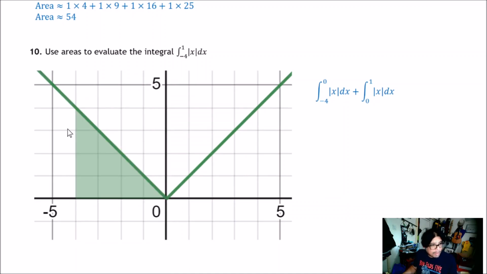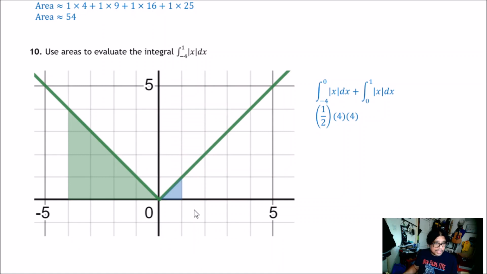So here we have a triangle from x equals -4 to x equals 0. This has a height of 4 and a base of 4. So literally using the geometric formula for area, we're going to have 1/2 multiplied by 4 times 4. And then for this last little bit of area, we're going to get the area of this blue triangle down over here.